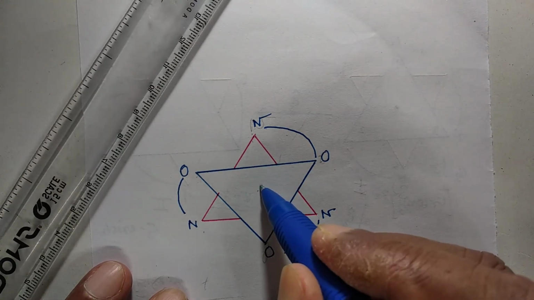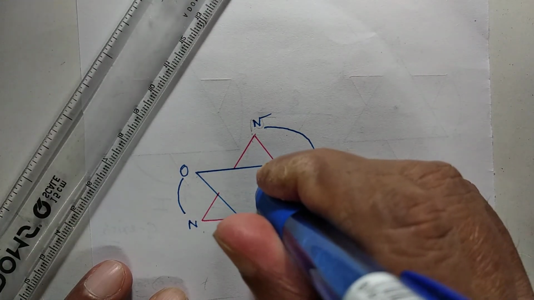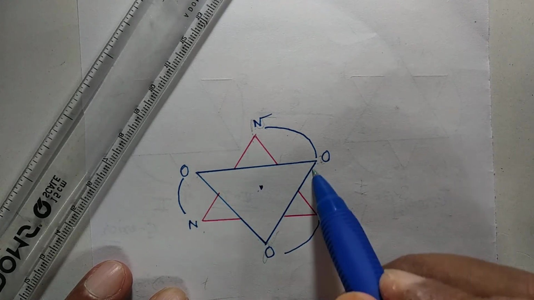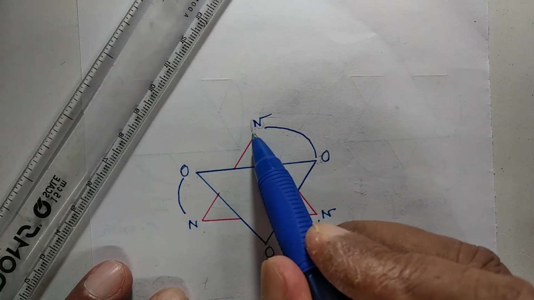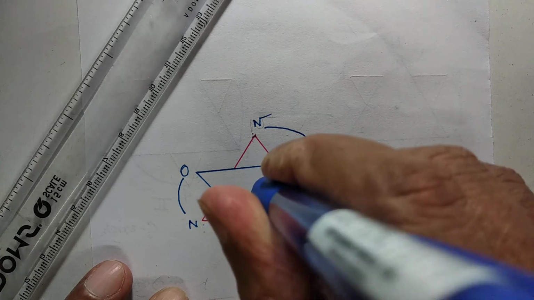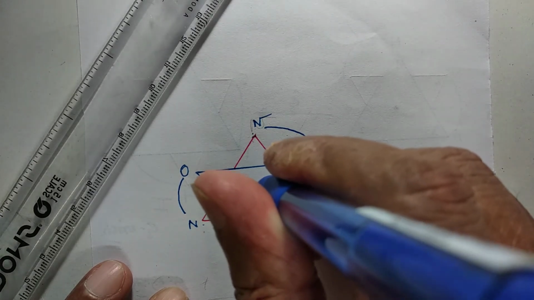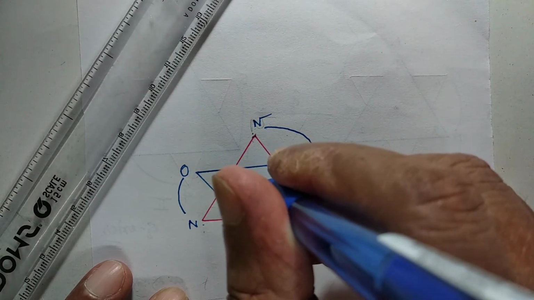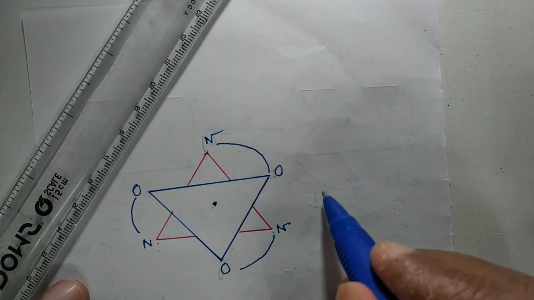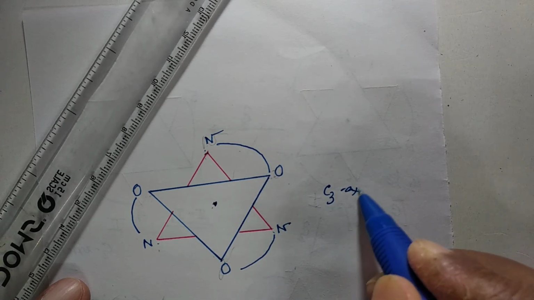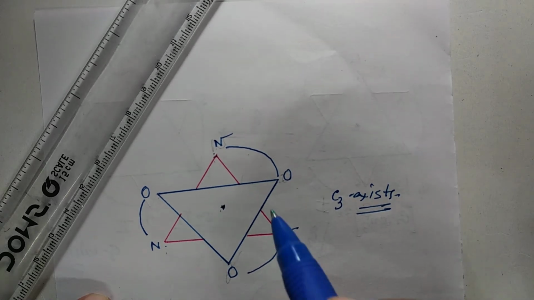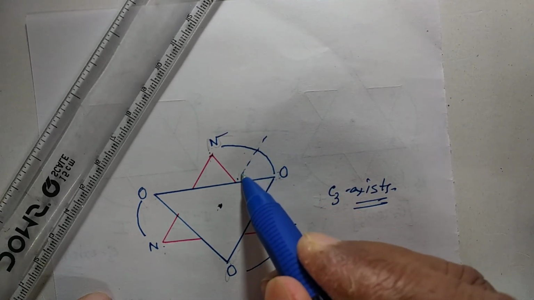Here we see that the C3 axis exists because this triangle has three similar atoms. Similarly, the lower triangle also has three similar atoms. So we can rotate this whole through one angle of 120 degree about this axis, perpendicular axis. So C3 exists, C3 axis exists, but C2 does not exist.